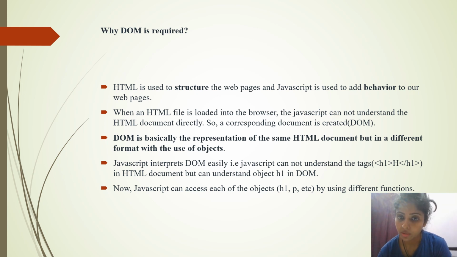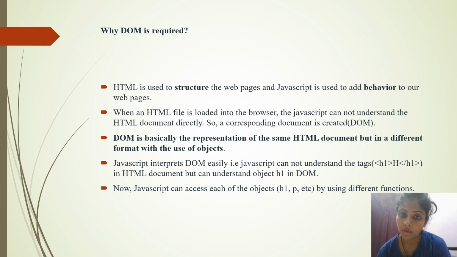JavaScript cannot understand tags like h1, that is the header, which we use in an HTML document, but it can understand the object h1 in DOM. So JavaScript interprets DOM easily.